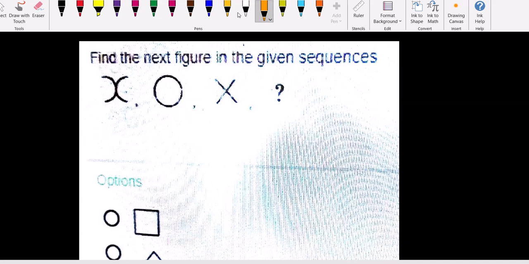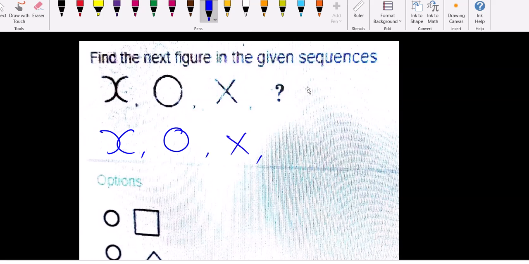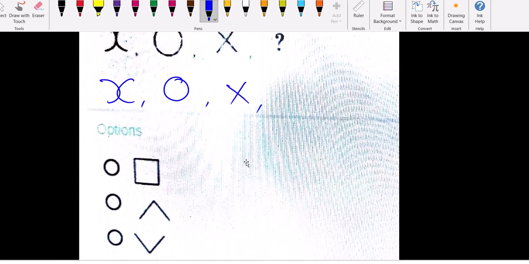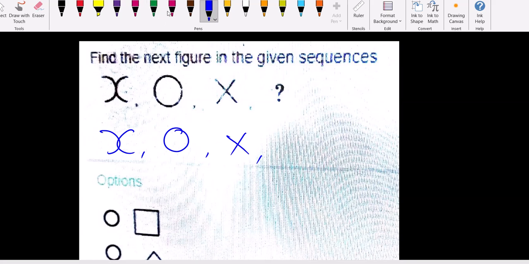Find the next figure in this. So the first one is like this. So what is the second one? I'll give the options. One is square, rhombus is correct. See, this is pair 1, this is 2, they combine 2 and 1, you got this.